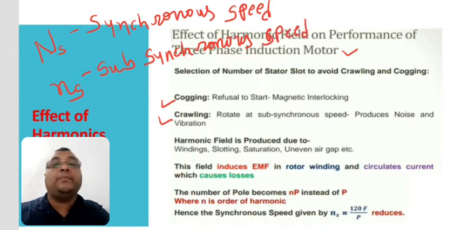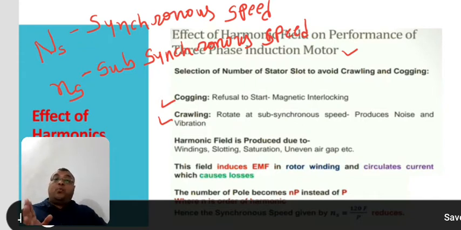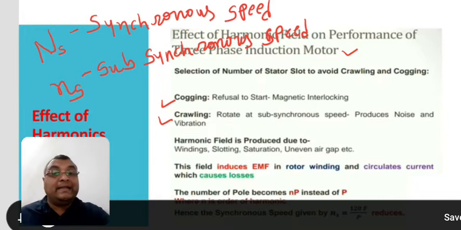What I am trying to make you understand is that when the sub-synchronous speed small ns is less than the synchronous speed capital NS, at that time crawling happens.